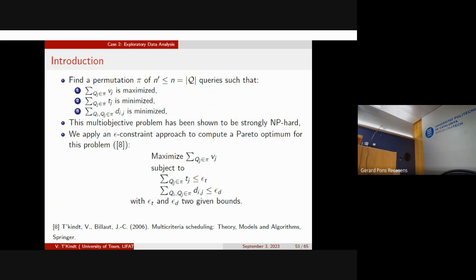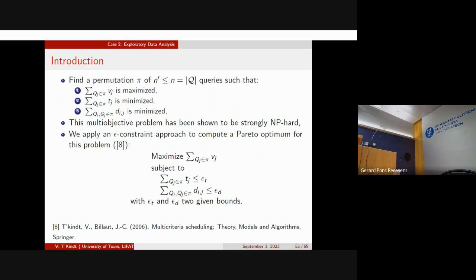So what we've done is that we set up an epsilon constraint approach to compute the Pareto optimum for these 3 criteria. I go fast on that. That's not the point of the presentation, but what it is that we maximize the total interestingness subject to the constraint that the total processing time is upper bounded by a constant that I call epsilon t, that is given by the decision maker.